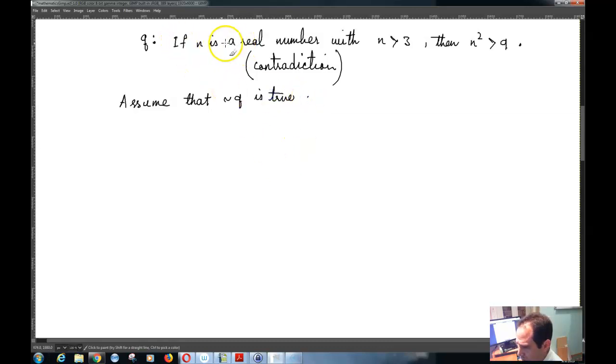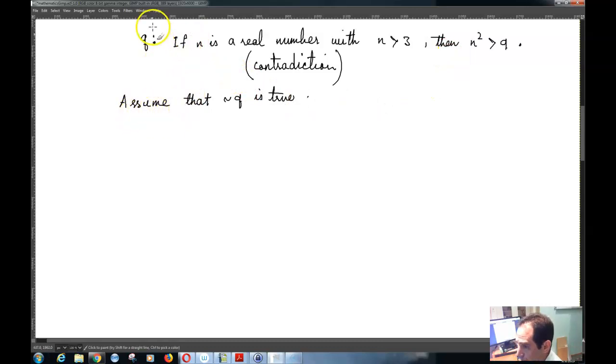Now, not Q is if n is a real number with n greater than 3, then n squared is less than 9, I suppose. That n is a real number with n greater than 3, but n squared is greater than 9 is not true. That is, n squared is less than 9.